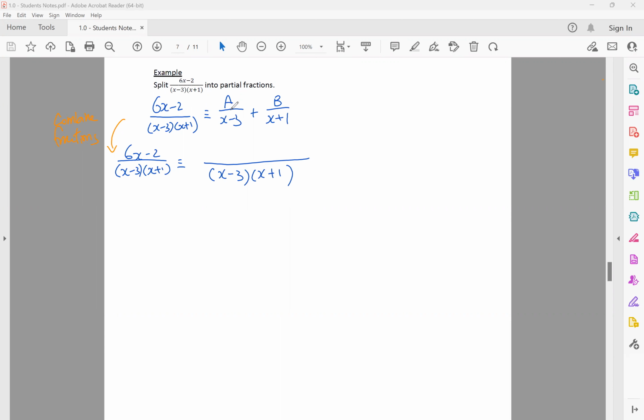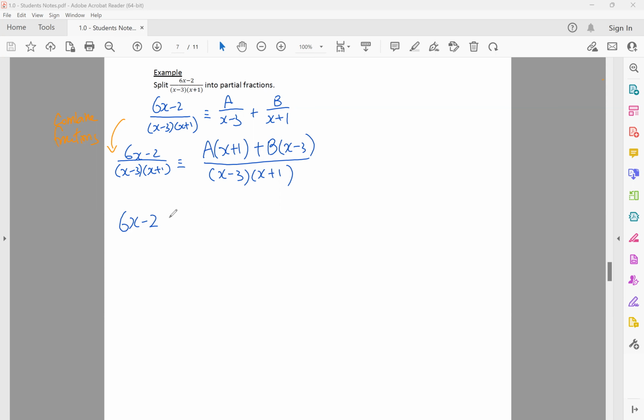So the first fraction, I need an x plus 1 because the common denominator is x minus 3, x plus 1. The first fraction is lacking an x plus 1. For the second fraction, I need an x minus 3. Okay. Next step. Now both sides have the same denominator. That means the numerators will now be equal, so we can just equate the numerator.